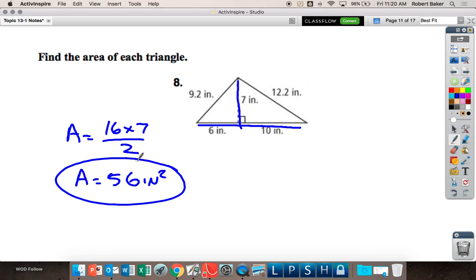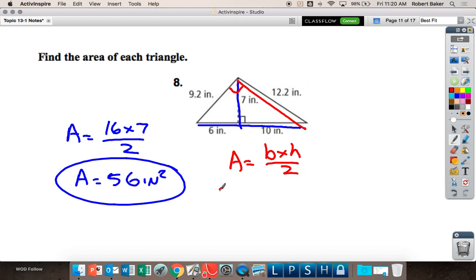Now, if you wanted to nerd out, you could find the corresponding height for each other side, because there is a height that goes from each base to each vertex that is perpendicular. So the area of the shape is still equal to base times height divided by 2.